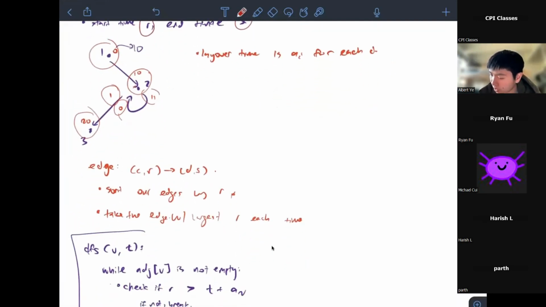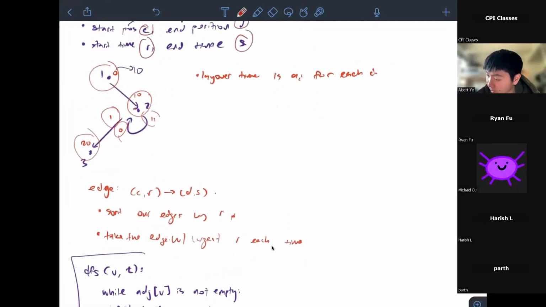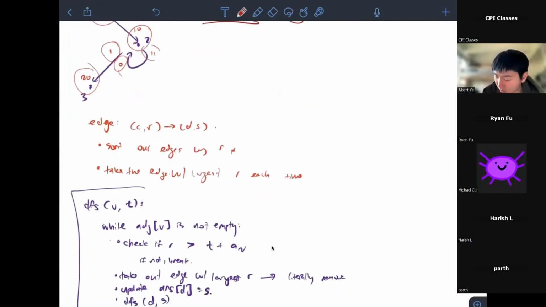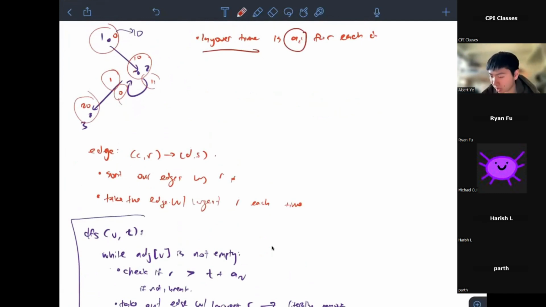So let's observe an edge. Another thing to note is that you need an airport layover time, because we have to be annoying and add more constraints to the problem. We initially have an edge from C at time R to D at time S, and the way we go is we sort our edges by R, and then take the edge with the largest R each time we do a DFS.